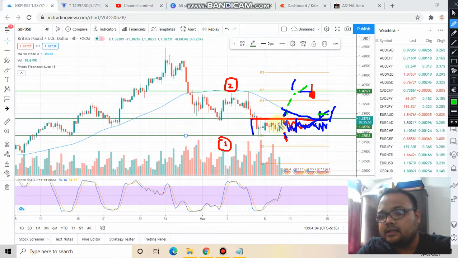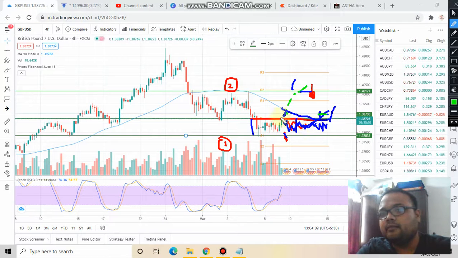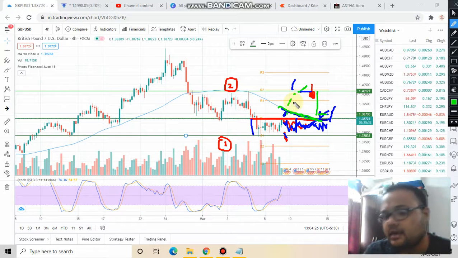Because if market trades in this range for a long period of time, then this 50 moving average will come down to the market, and when the candles will be above the 50 moving average, then you can go for a buy order. So these are the possibilities that you can have for GBP USD for 9th March 2021.